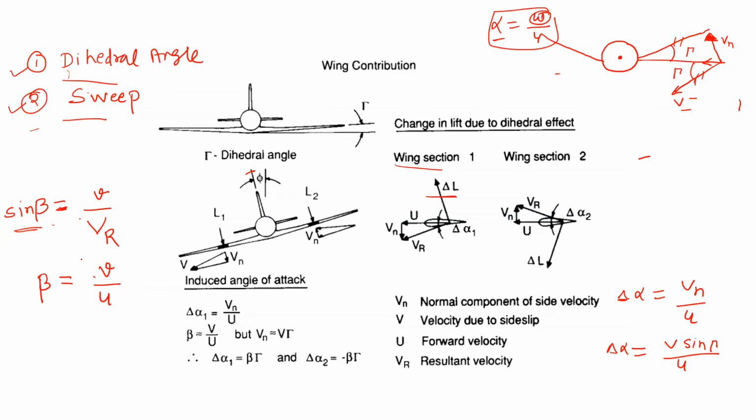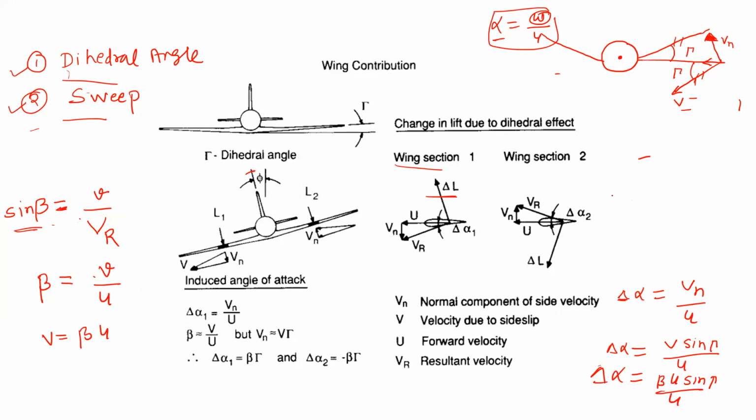So from this expression, I can replace v as beta u, and take it into the other expression where we are defining angle of attack. So delta alpha is equal to beta times u sine gamma over u.